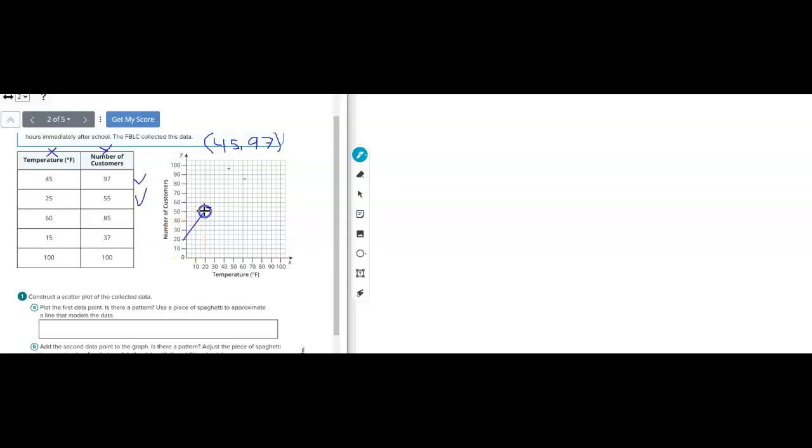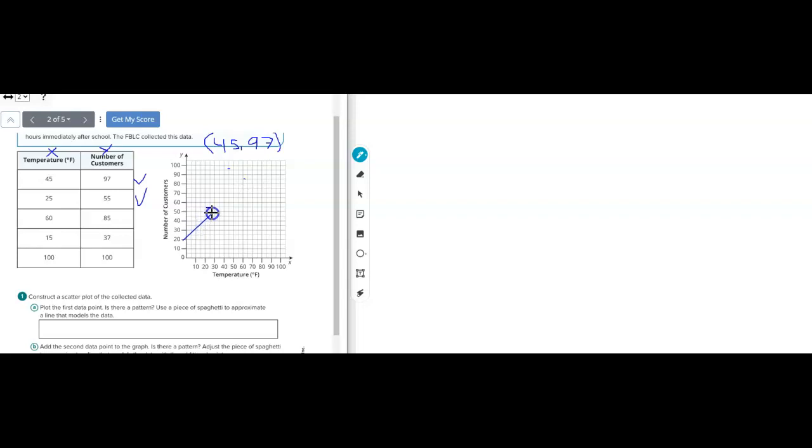So if our line was like this, would it be here? Would it be here? We're not exactly sure. It's somewhere in this area. So now it looks like our line is not going to be an exact science, right? All the points aren't exactly in a line.